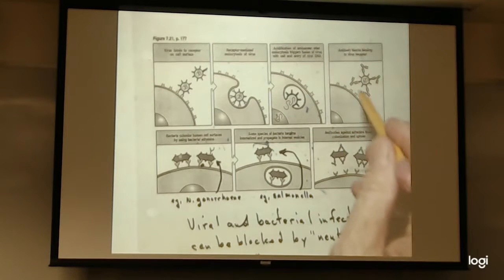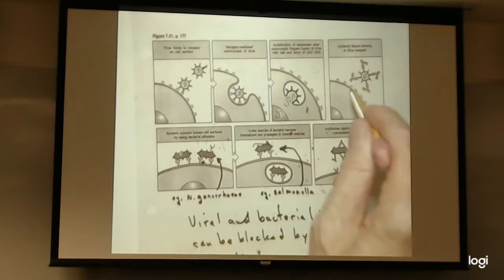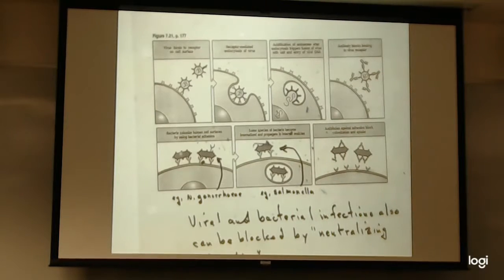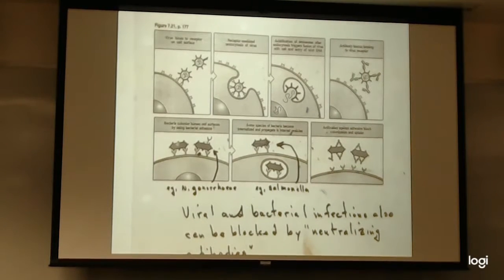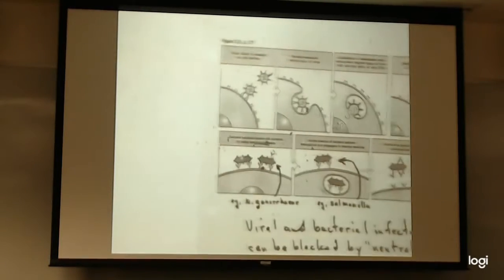That would be an antiviral neutralizing antibody, for example. It's very difficult for us to get neutralizing antibodies against the HIV virus, so we don't really have effective vaccines yet. The HIV virus is strictly a little devil, and it mutates away from attempts to make vaccines.